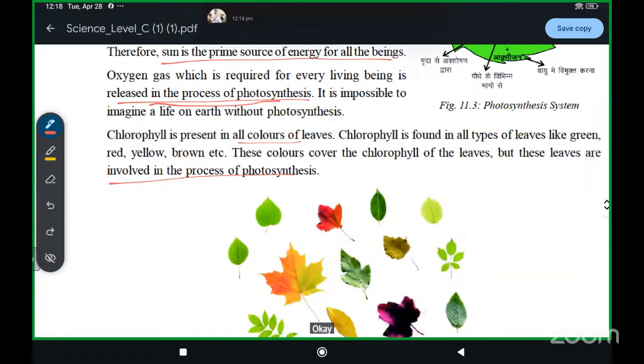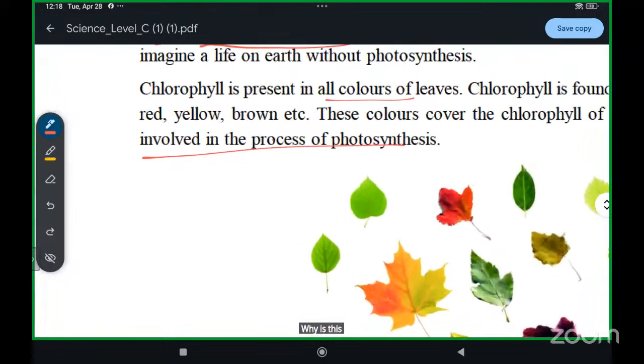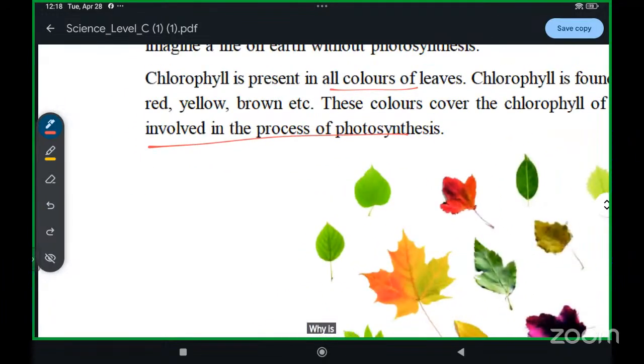But what happens? Why is this the reason? See, in the green leaves, the chlorophyll content is the highest.